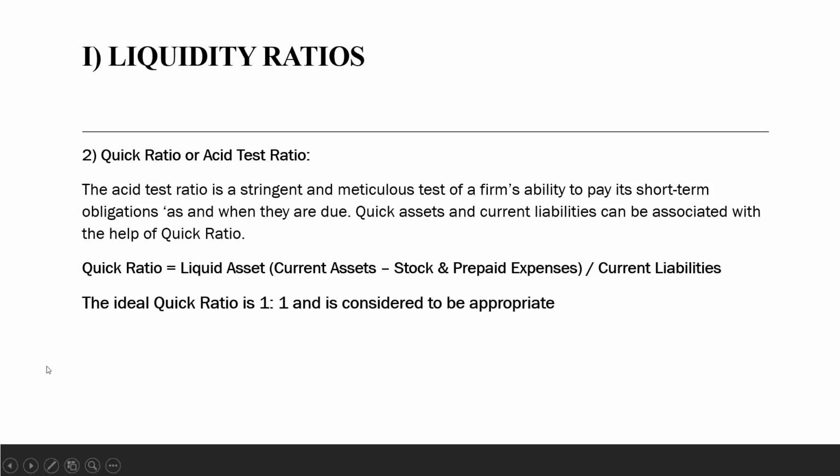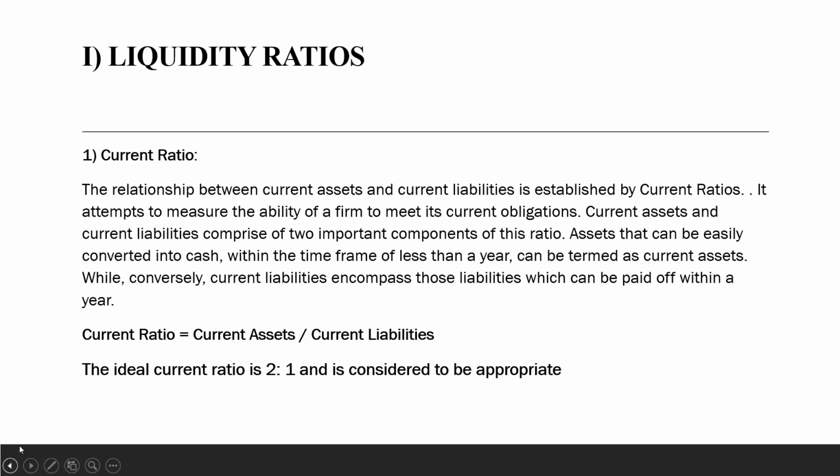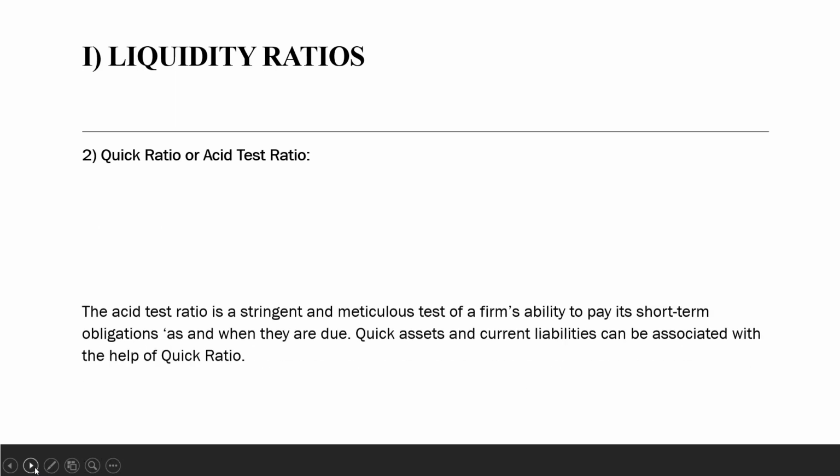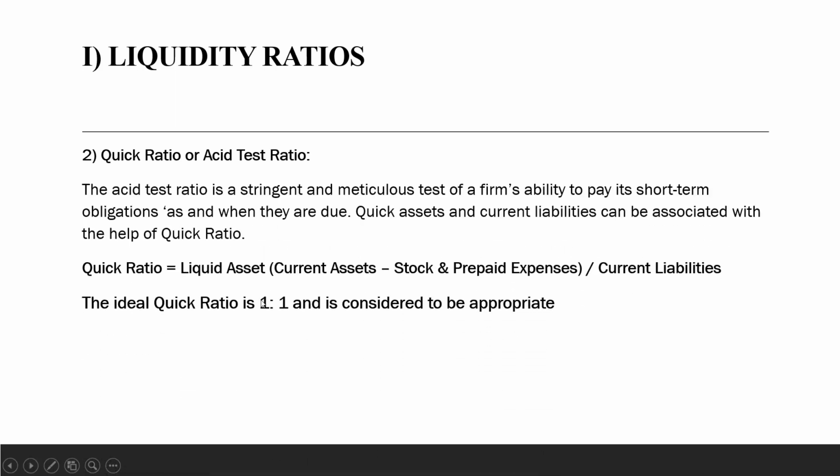Let me go back to the previous slide and show you the current ratio. You should not forget it: the ideal ratio is 2:1, and in the case of quick ratio, it is 1:1.